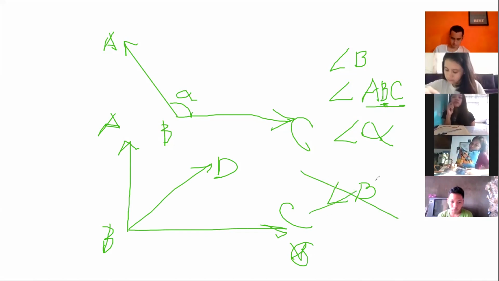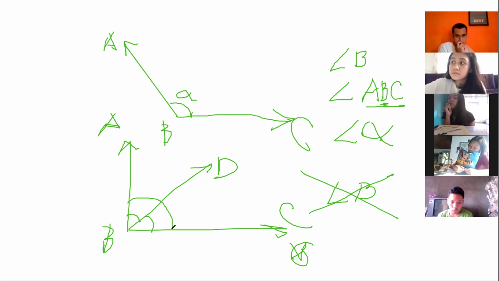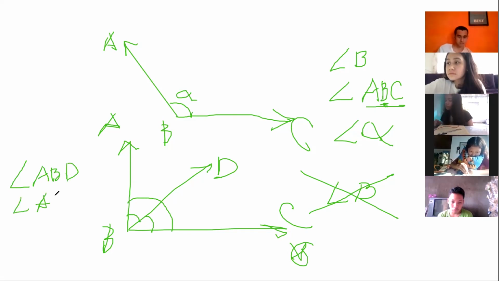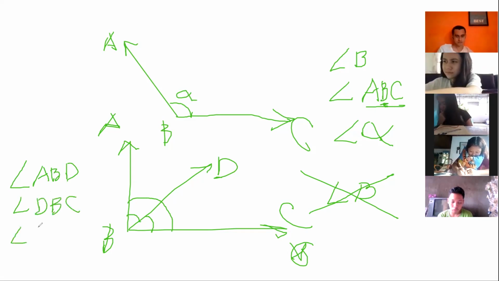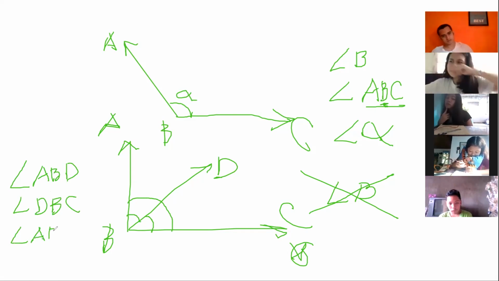You cannot name it as angle B because angle B could pertain to angle ABD, it could pertain to angle DBC, or it could pertain to the whole angle, angle ABC. So name it accordingly as angle ABD or angle DBC. Or if you wish to portray the whole angle itself, you can name it as angle ABC. Make sense?